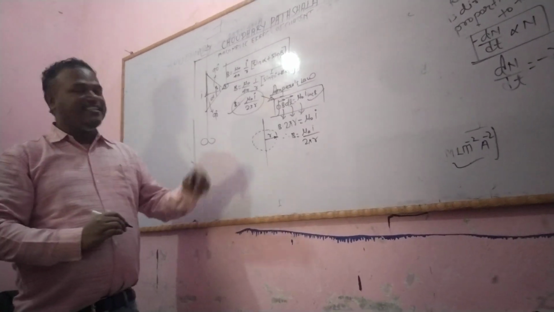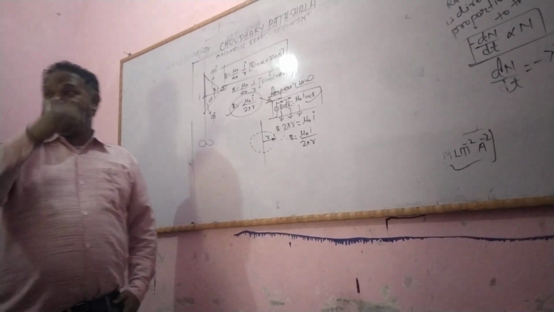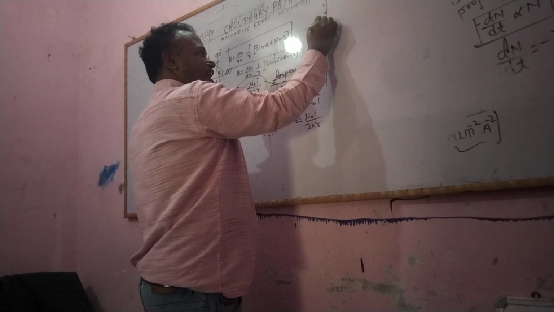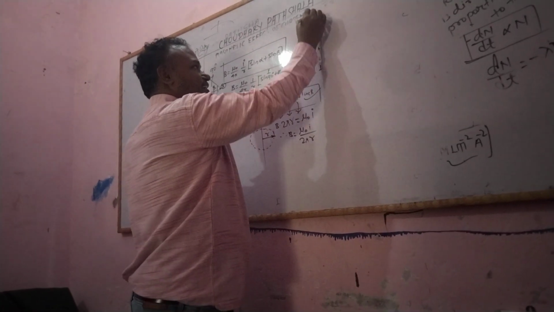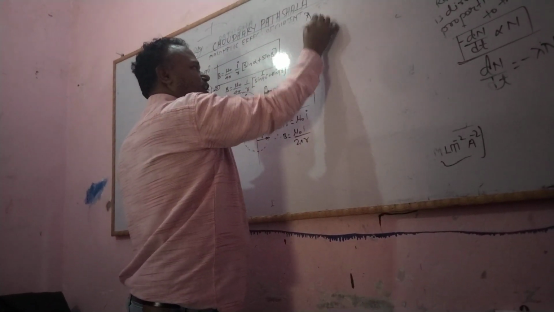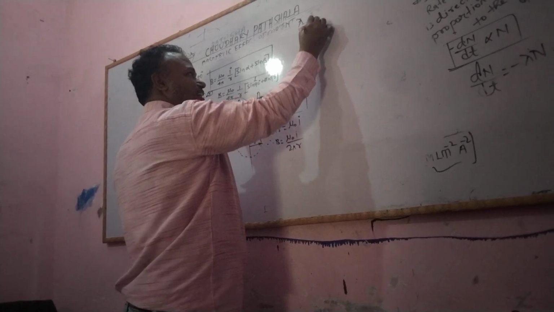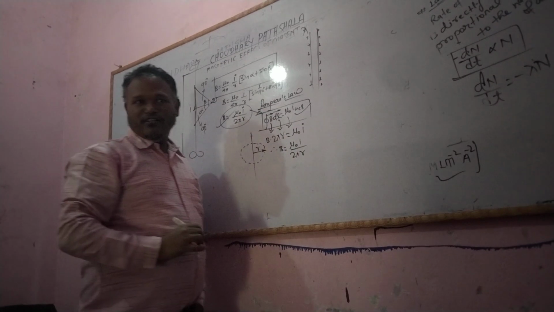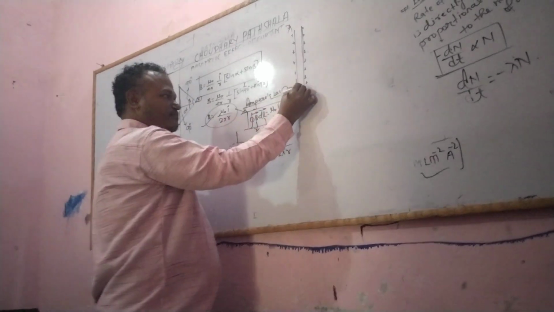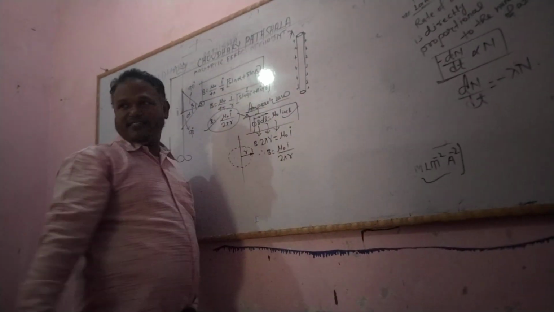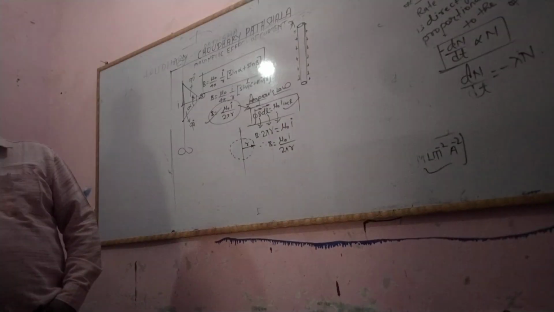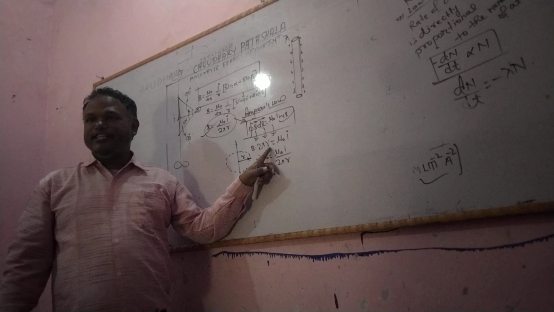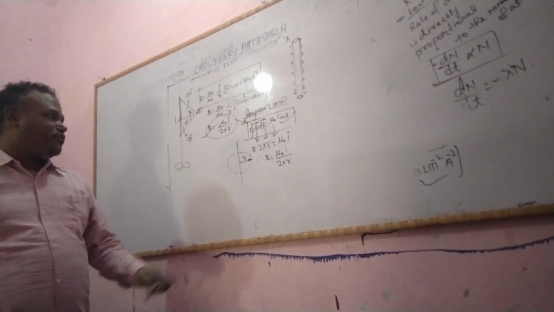You can compare this result with electrostatics, with a straight wire having uniform charge density lambda, or a hollow or solid cylinder having uniform charge density lambda. We have studied in electrostatics. Look here, there is similarity in formula. 1 by mu naught is equivalent to 1 by epsilon naught.